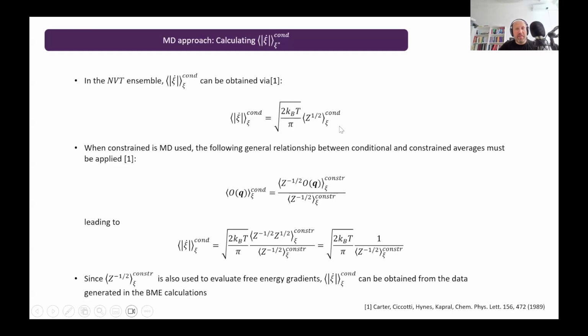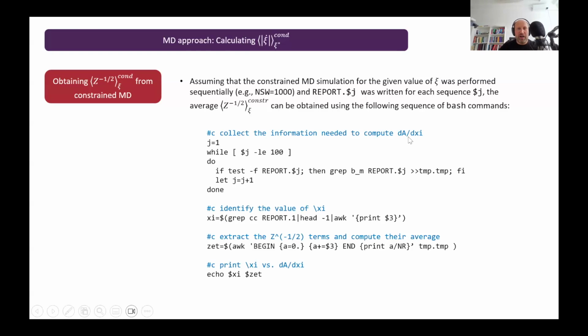So that also means that we have everything that we need to determine this quantity. Of course, we have to keep in mind that in constrained molecular dynamics, we actually produced constraint averages, but there is a clear relation between conditional and constraint averages, which we can employ. So using it, substituting this expression into this formula, after some manipulation we arrive at this formula, which is now expressed in terms of constraint averages. And we just utilize the data that we already have from constrained molecular dynamics.